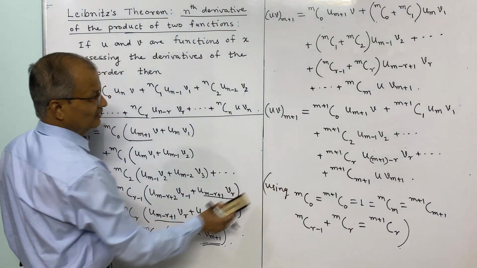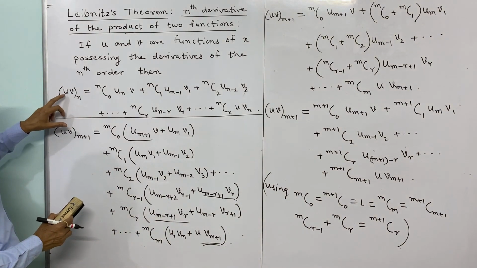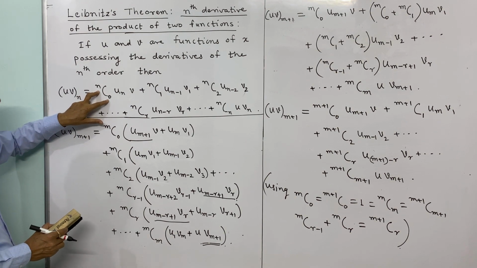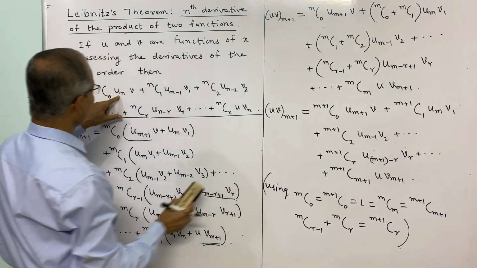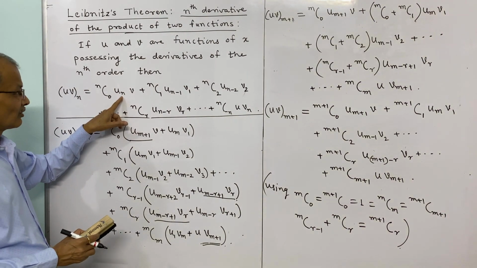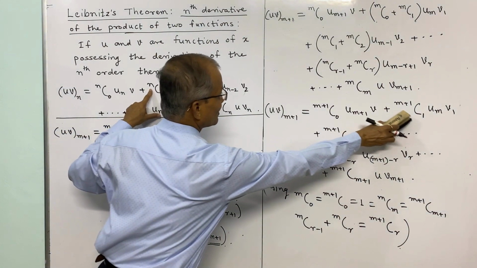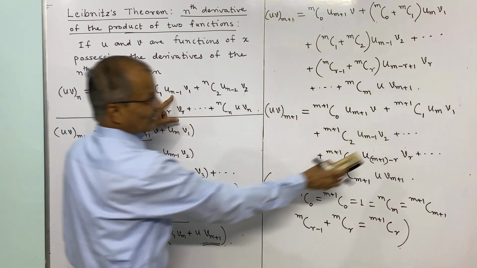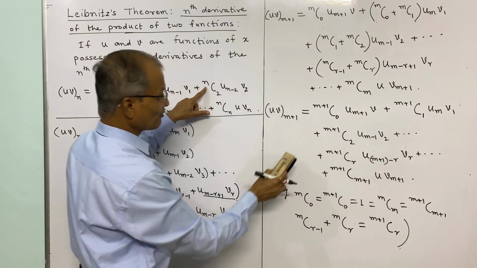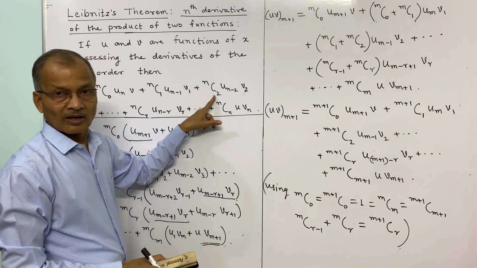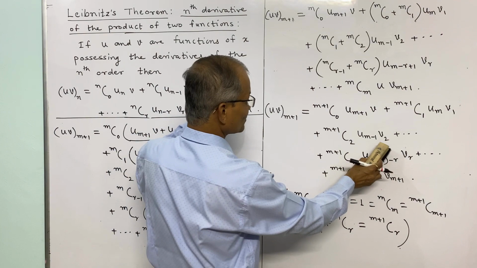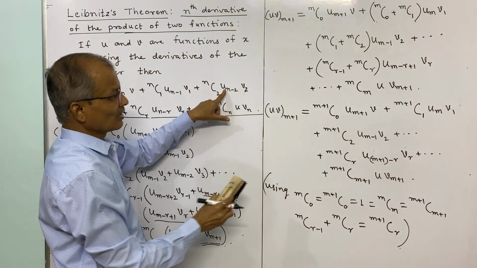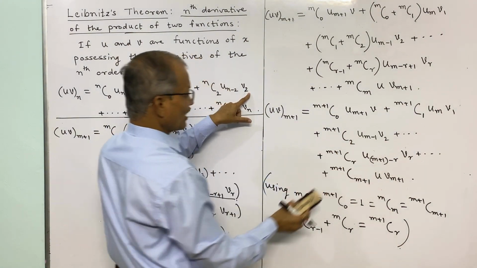So replace n by m plus 1: the m plus 1 derivative of u into v, m plus 1 choose 0, u m plus 1, the m plus 1 derivative of u, v as it is, m plus 1 choose 1, m plus 1 minus 1, that is m, v1 as it is, m plus 1 choose 2, m plus 1 minus 2, that is m minus 1, v2, and so on.